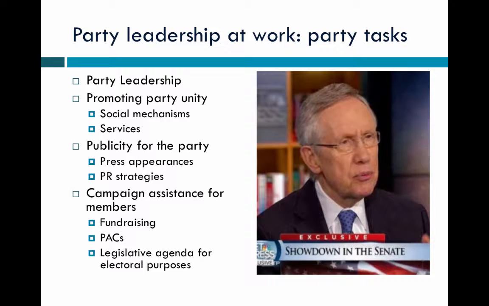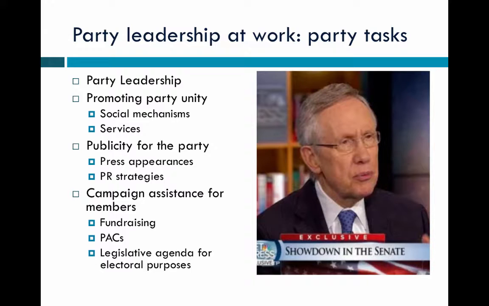And so, formally, there are certain mechanisms that are used, like choosing partisan leaders in each chamber, Speaker of the House, Majority Leader, Minority Leader, etc., reaching out to subpopulations, appointing party committees, including the Steering and Policy Committee, for example, and changes in rules and procedures have to do with party line votes. And then there's informal rules of the party, like assigning partisans to committees and which committees get certain members of Congress.